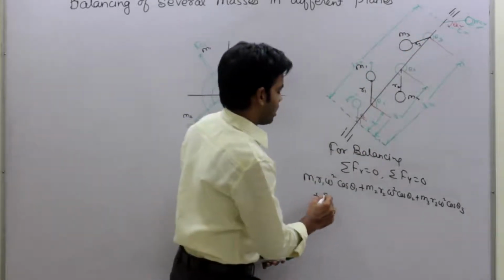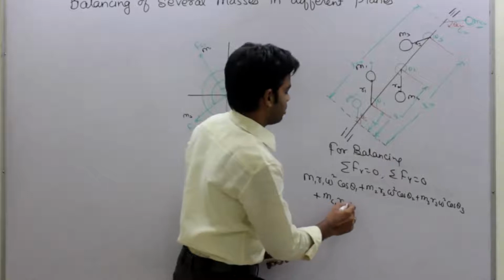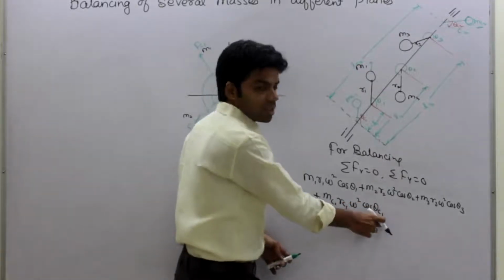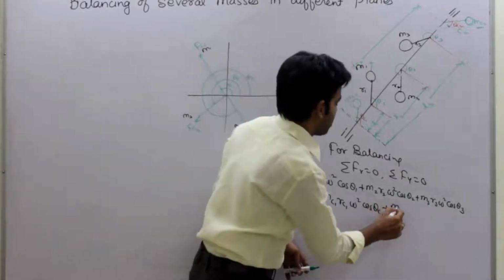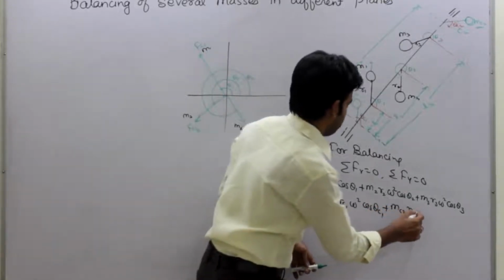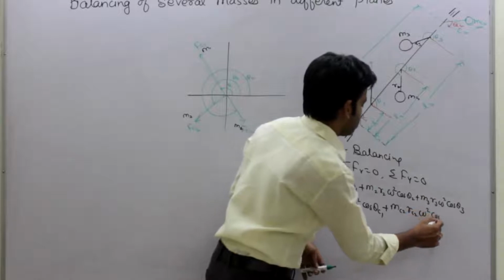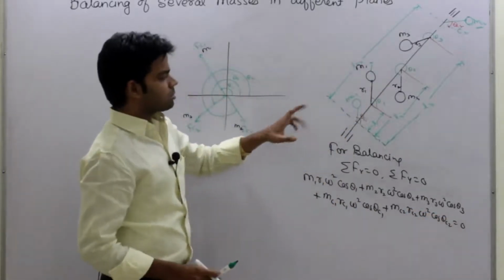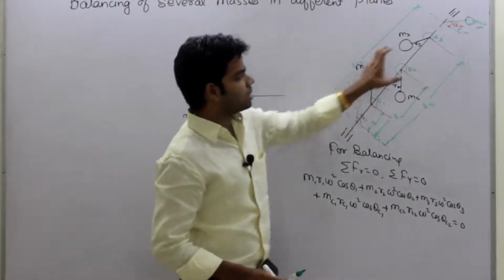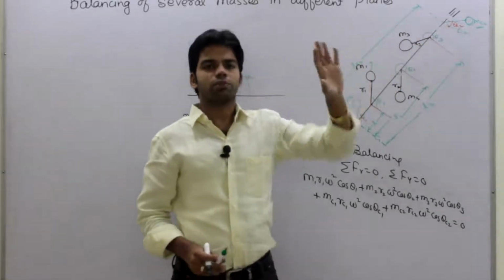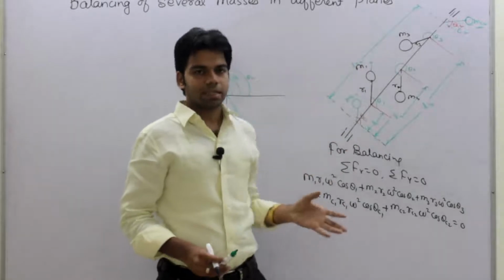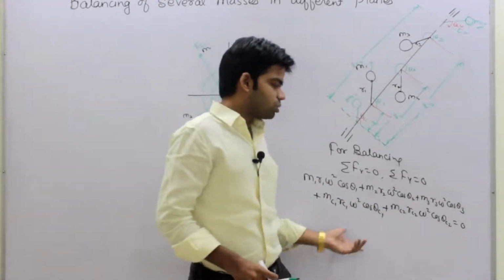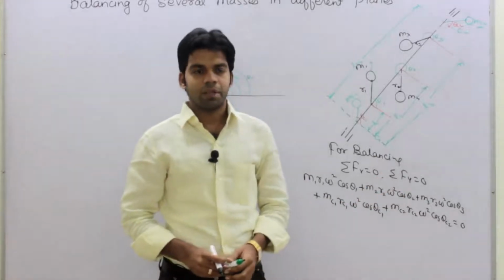So this will be mc1 rc1 omega square cos theta c1, where mc1, rc1 and theta c1 are unknown, plus mc2 rc2 omega square cos theta c2. This should be equal to 0. Why 0? Because we are assuming that by putting these two masses mc1 and mc2 into reference planes, we are completely balancing this system, and because the system is balanced, the total summation should be equal to 0, as simple as that. Getting this or not?